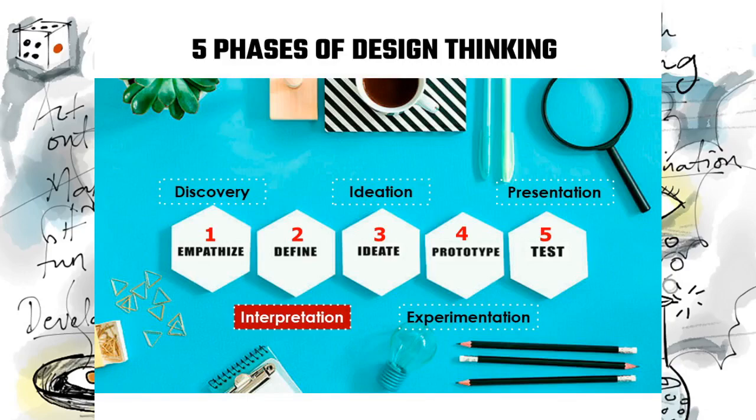But this is in the context of something that's more in the medical field. So you could understand that this is the process, this is the approach for empathy. There is a technique called the empathy map.